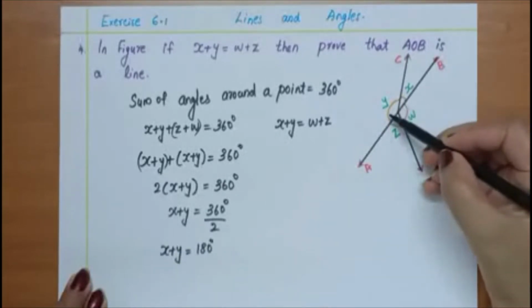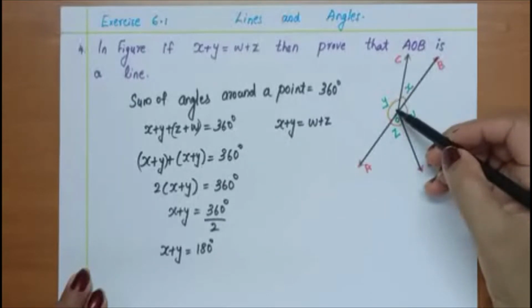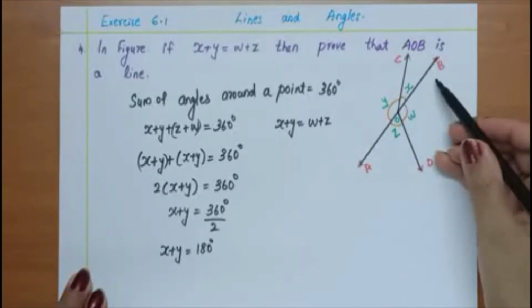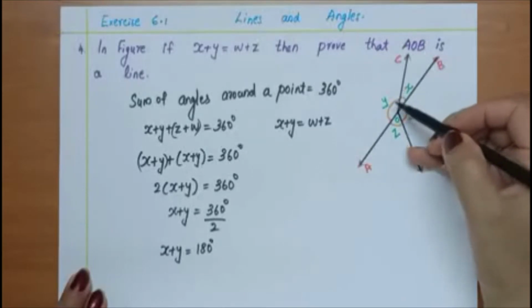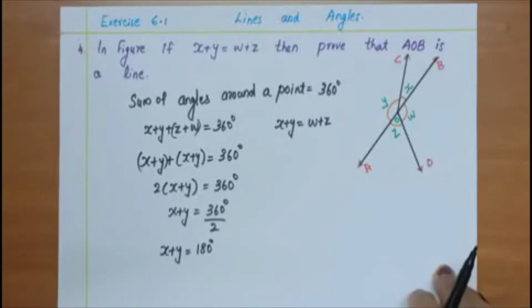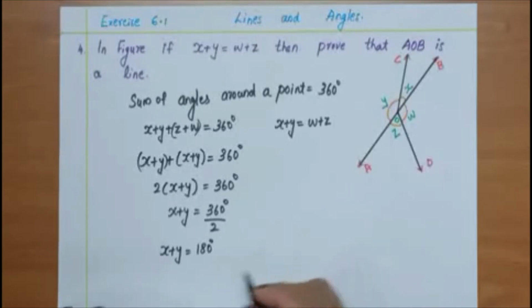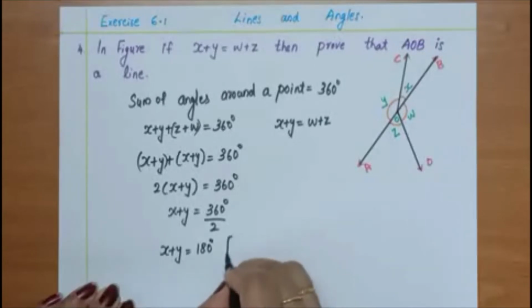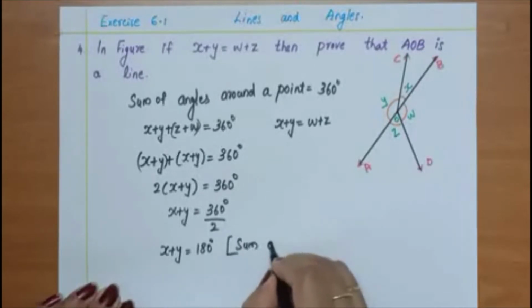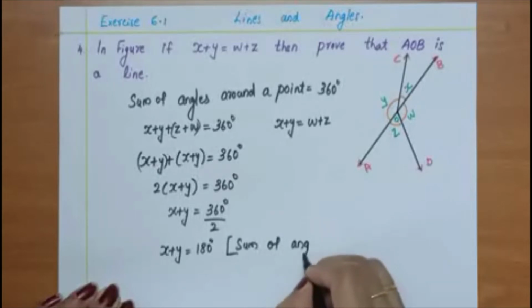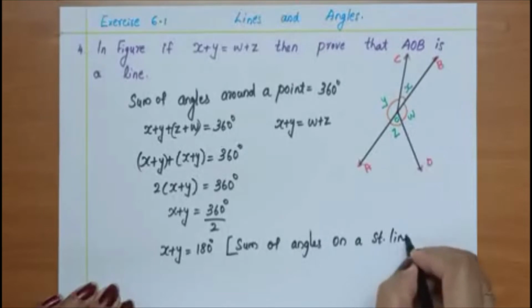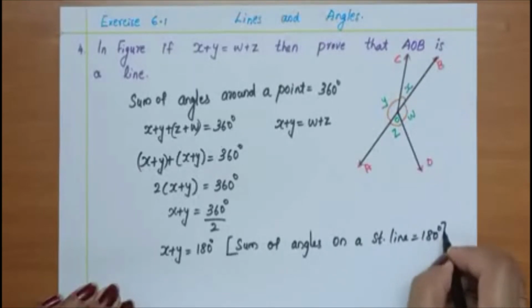If the sum of x and y is 180 degrees, when do we get that? If AOB is a straight line, x and y are a linear pair, then the sum of these two angles is 180 degrees. That means AOB is a straight line. Here we can write, sum of angles on a straight line equals 180 degrees.